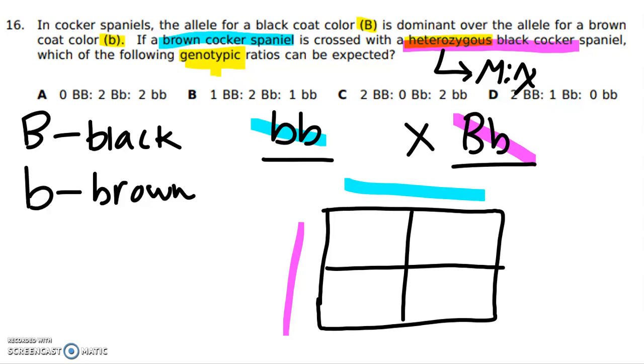So doing that, I had 2 recessive alleles, lowercase b and lowercase b. I'm homozygous recessive. I'm going to place those at the top. And for my purple alleles here, I highlighted for the black Cocker Spaniel, I have a dominant capital B and a recessive lowercase b.